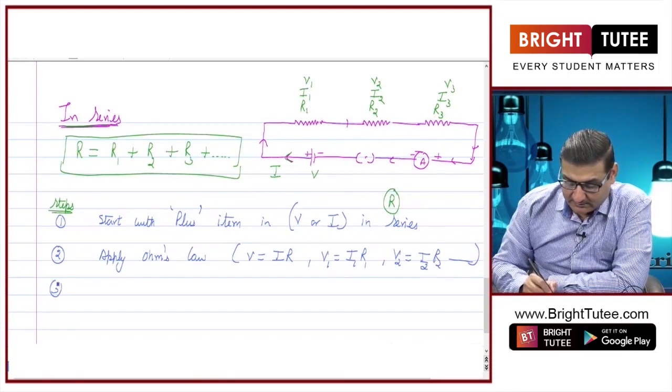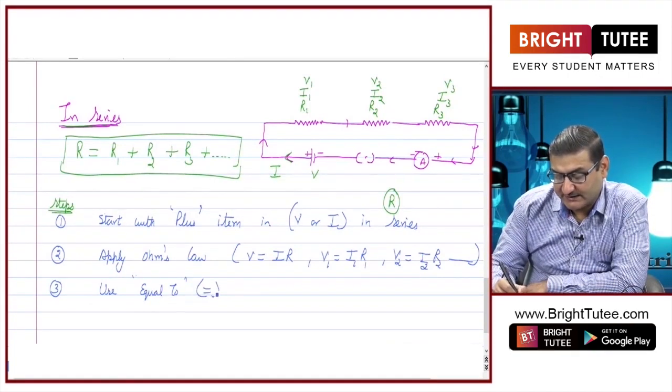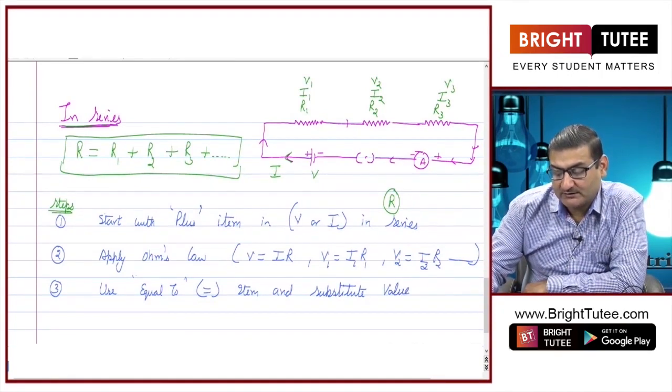Then use the equal items and substitute values. Not able to understand whatever I am writing?